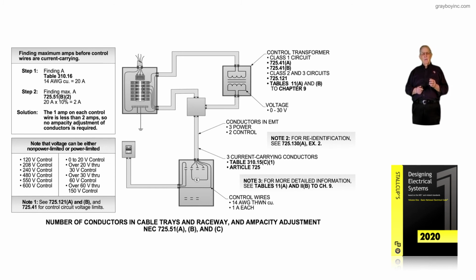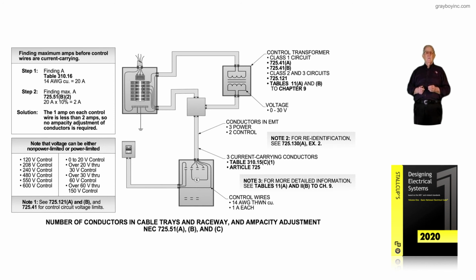So Figure 4-16 is actually listing the number of conductors permitted in cable trays and raceways without any ampacity adjustment factors based upon the number, if there's 3 or less or 4 or more, for derating and adjustment factors for current carrying conductors for the power, and then the 10% rule is applied for the control circuits.